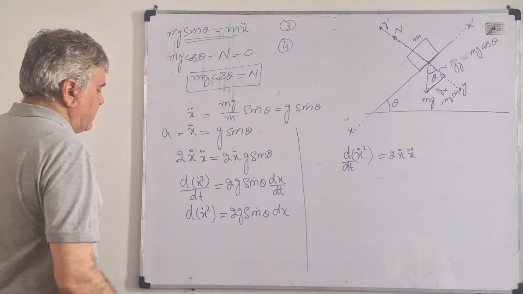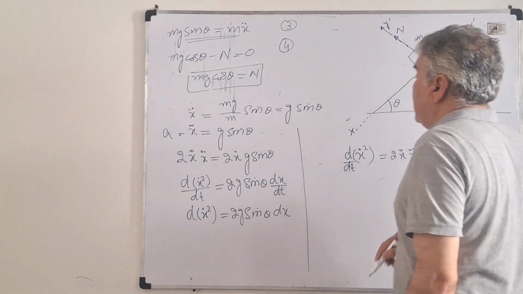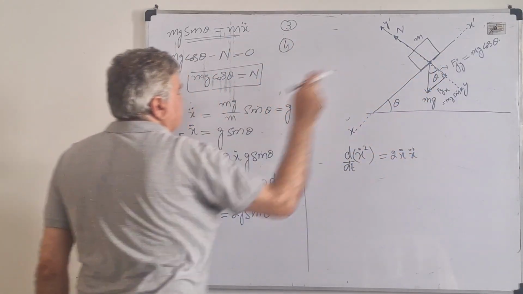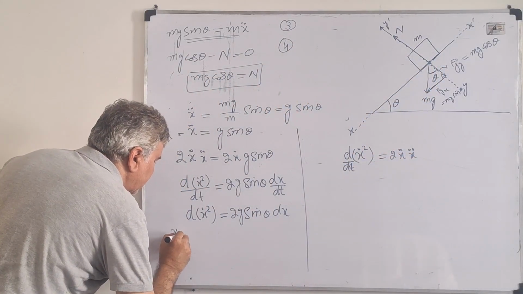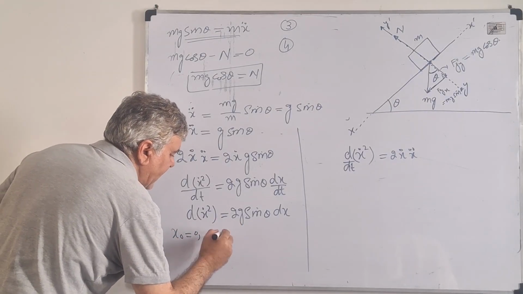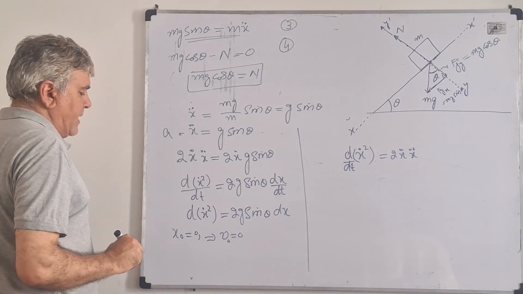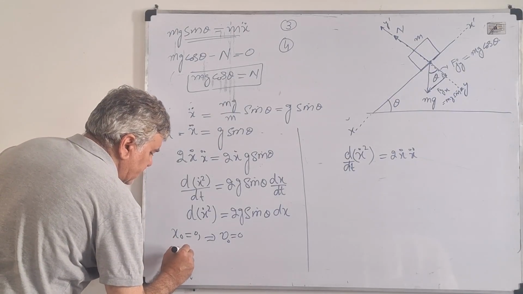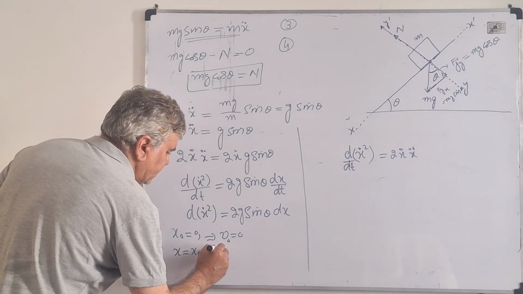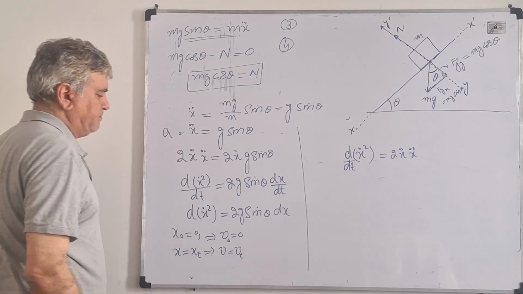Now let x naught be the position at the origin, which is 0. At x naught equal to 0, the velocity at that point is 0. That is, I use these conditions, x naught equal to 0. This means that the velocity, which I write as v naught, equals 0. And at x equals x sub t, the velocity is v equals v sub t.